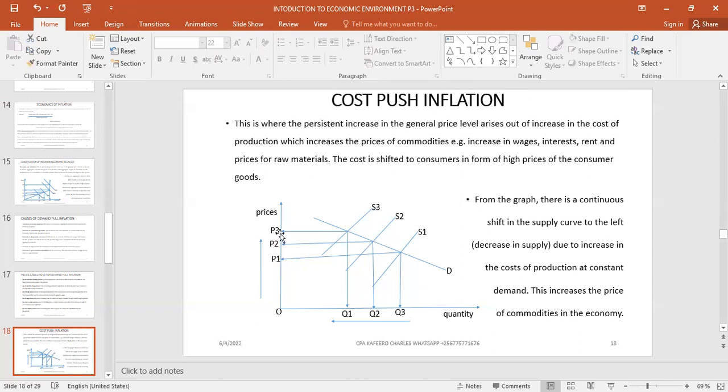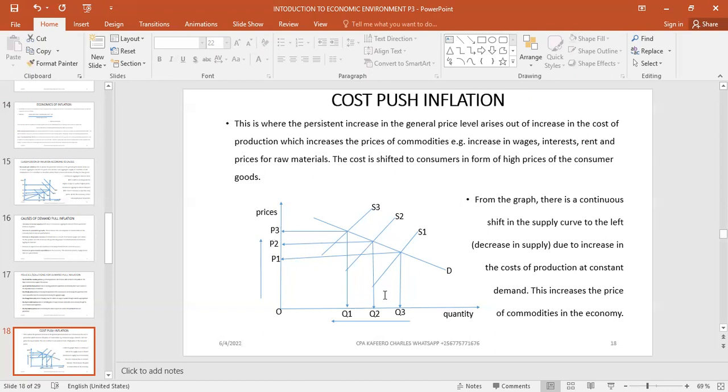The same applies for S3 and S2, which were as a result of an increase in the price. Because at this point, we expect the demand to be constant for those items. Let's say you are producing units for 10,000 people. Those 10,000 people are going to be constant. This is our demand. It is constant because we are serving the same population. But the costs are increasing, so you also have to increase the price.